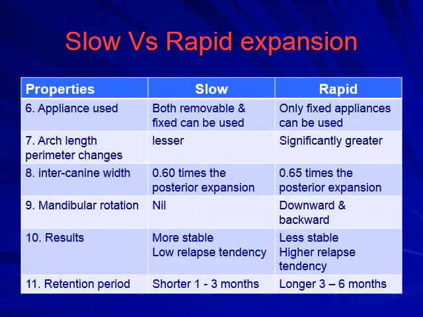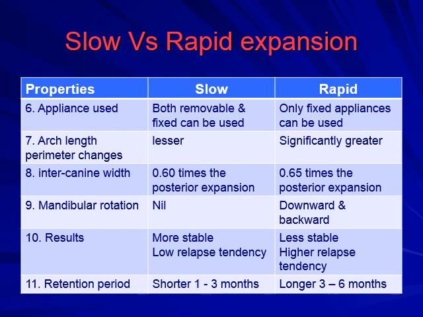We can use both fixed and removable appliances for the slow expansion, but for the rapid expansion, we can only use fixed appliances. Lesser changes occur in the arch length parameter with the slow expansion, while greater changes occur with the rapid expansion. The change in the intercanine width is nearly the same for the slow and the rapid expansion.